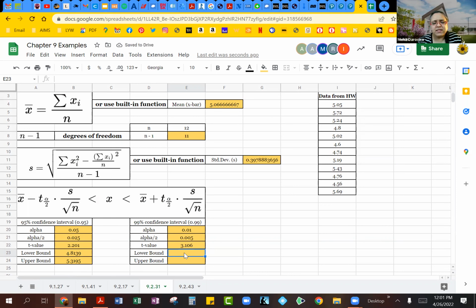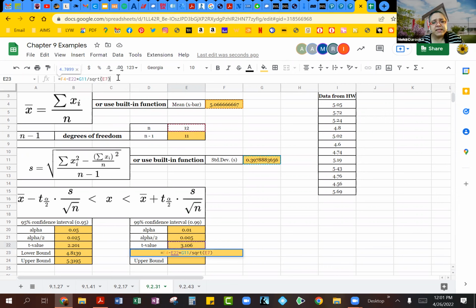So, again, honestly, most of your formula will stay the same. If you wanted, you can copy and paste from the 95% confidence interval and bring it here. But obviously we will need to change the box for the t-value. So instead of B22, that has to be E22.